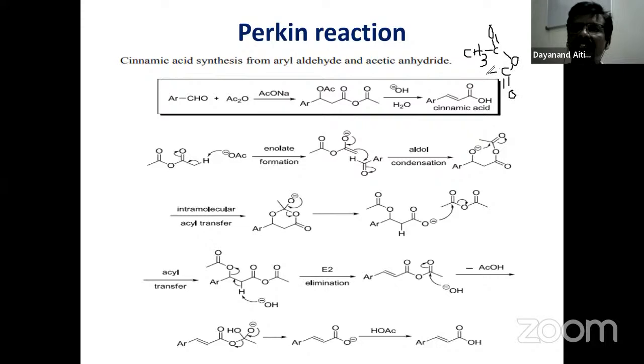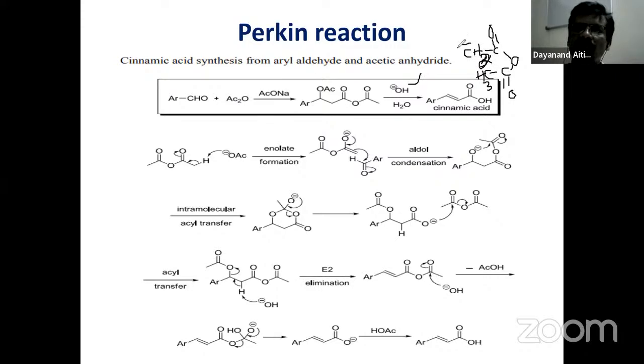This is known as acetic anhydride. In this acetic anhydride, we are having alpha hydrogens again. Okay, here alpha hydrogen is removed in the presence of base.